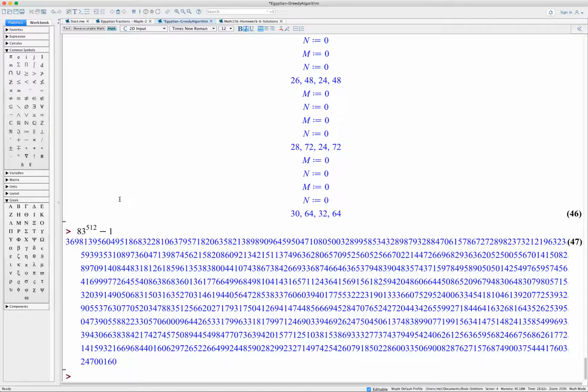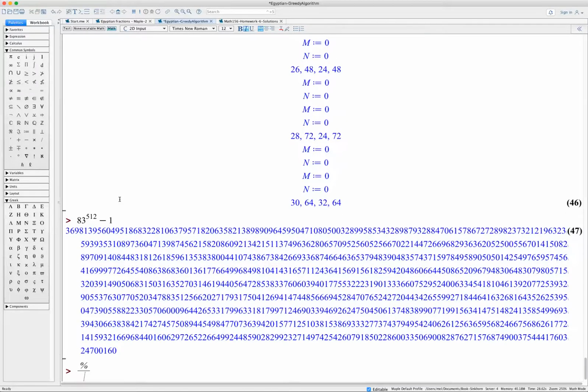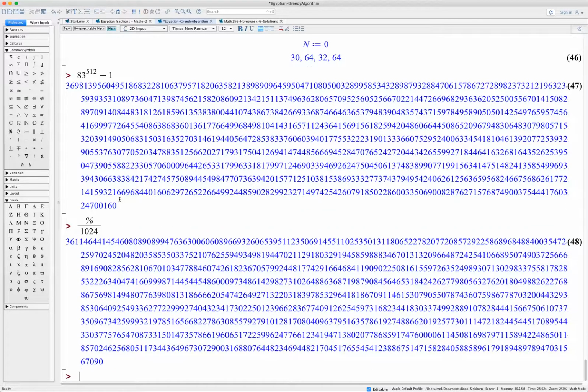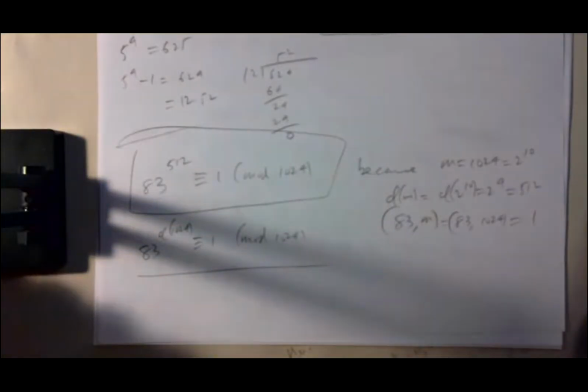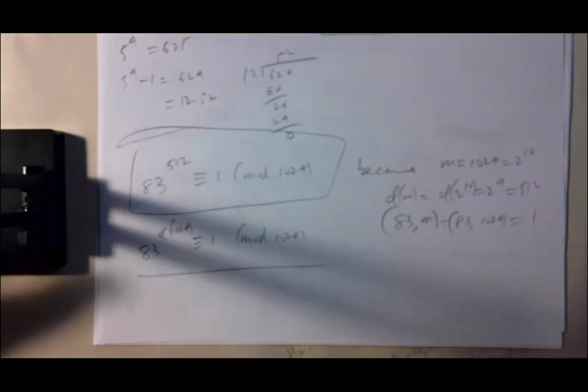And I take this number, and I divide it by 1024. And I get an integer. So, yeah, you could verify this in Maple, I guess. Okay.